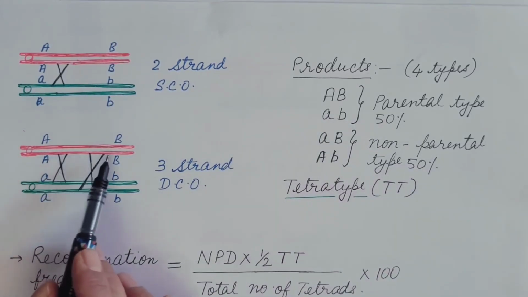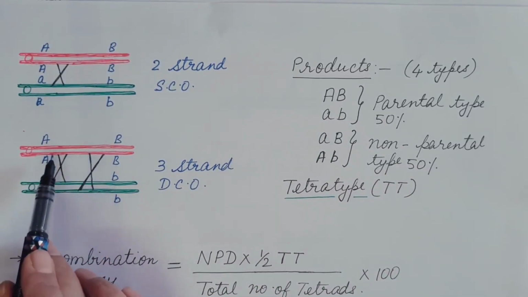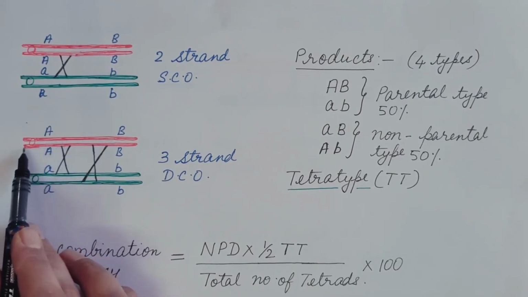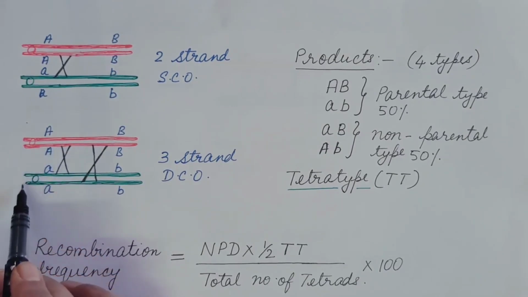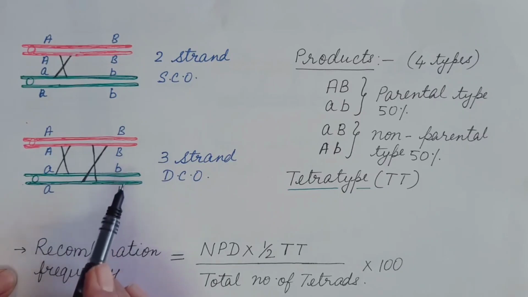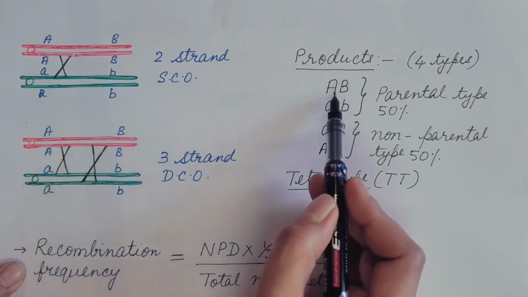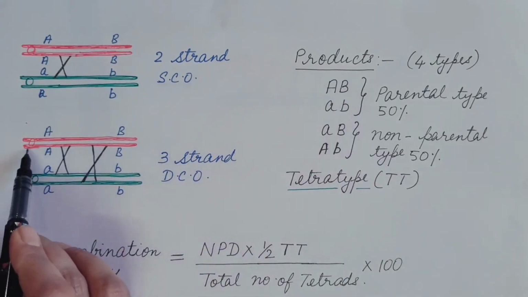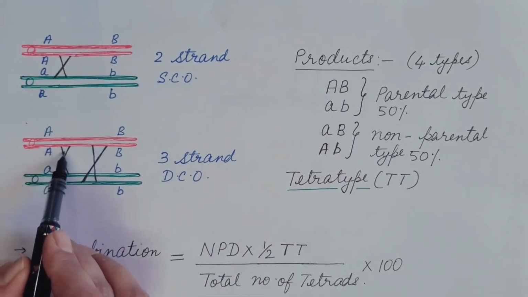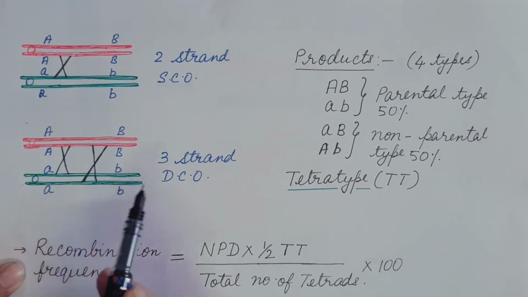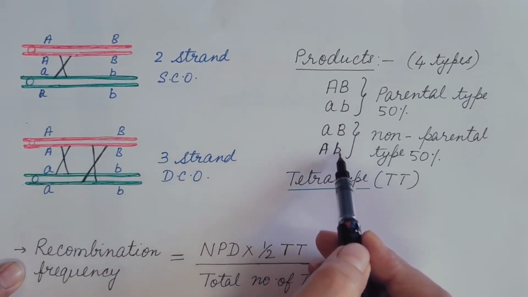If a 3-strand double crossover takes place, here the double crossover is taking place between 1, 2, and 3 strands. So the product of meiosis is, one is capital AB, other we get capital A, small b, capital A, small b.